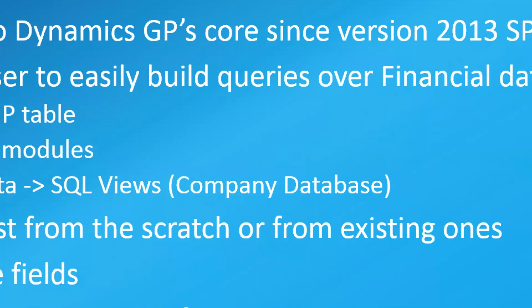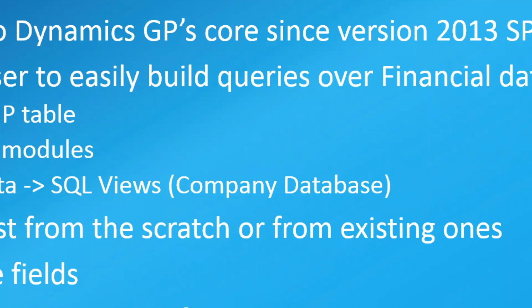That's something that can cause some confusion, because what happens if you have data that is stored in another database or in another SQL server? Well, the data collection process that Smart List uses comes from the system database or from the company database.